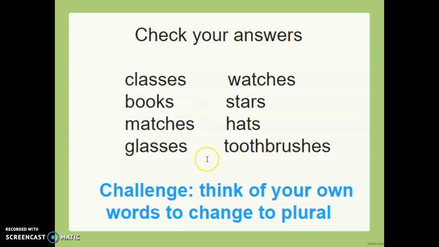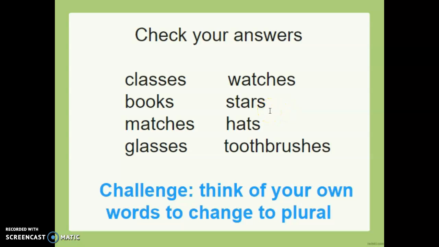Match has the ch sound, so it would be difficult if we just added the S to it. So we say matches, we add ES. Glass again, it's got the double S, so glasses. Watch becomes watches, again it's got that ch sound.